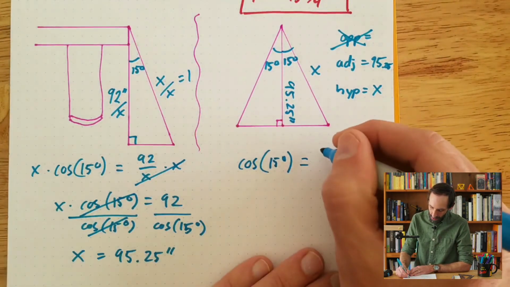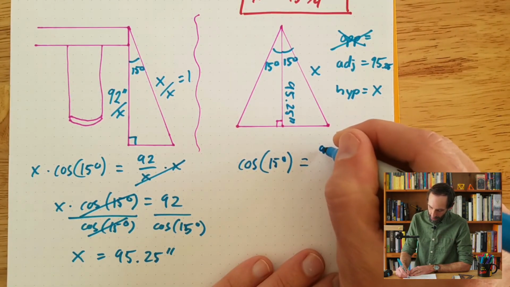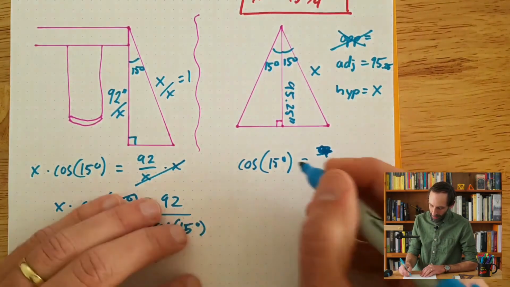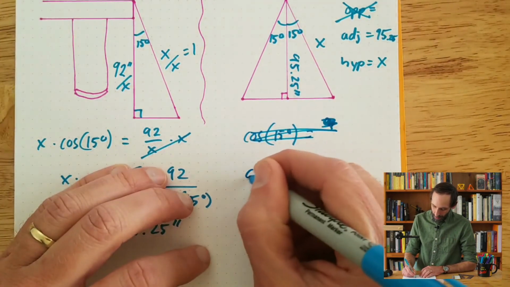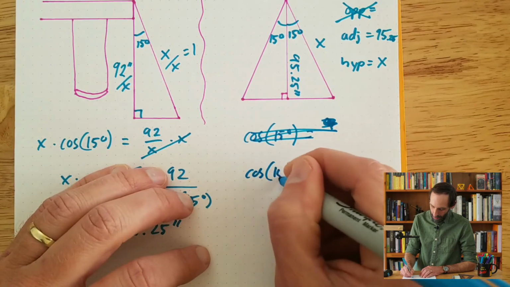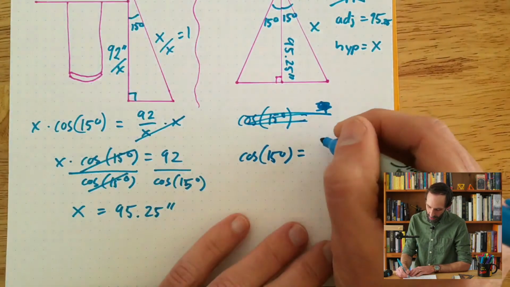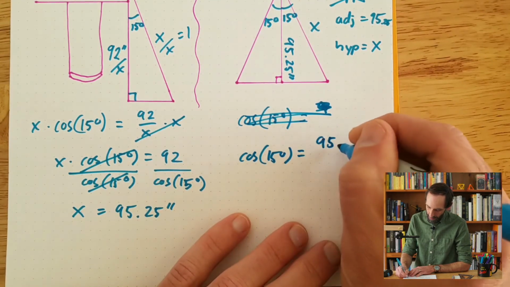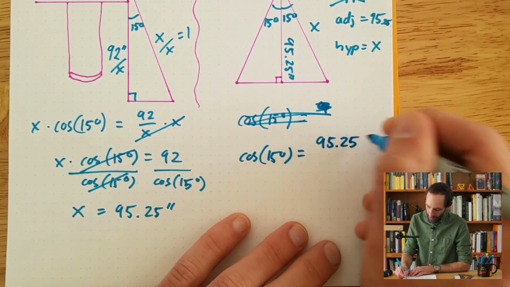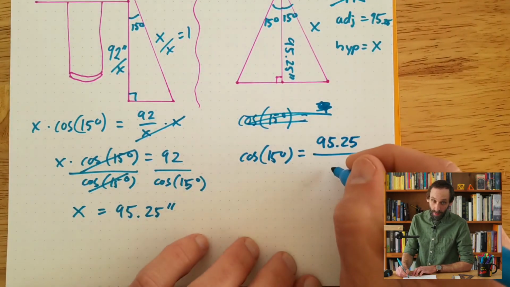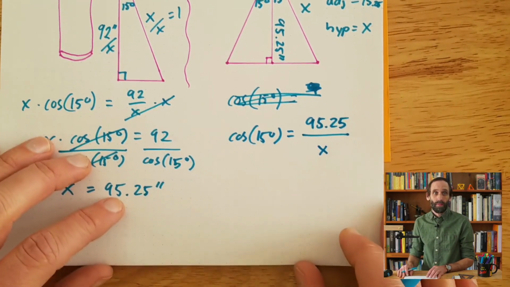Oops, let me rewrite that. Sorry about that. Cosine of 15 degrees is equal to the adjacent, 95.25, divided by the hypotenuse, which is x.